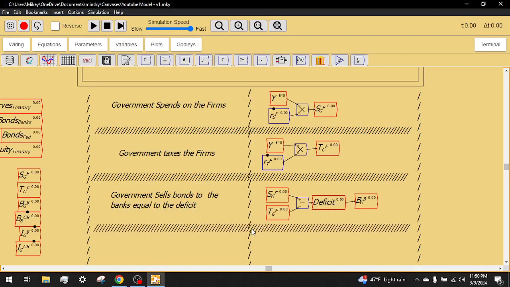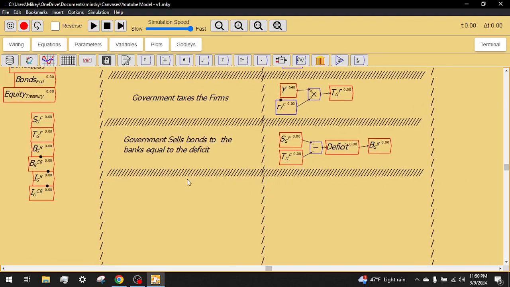And so the next thing that's going to happen is that, of course, as we defined it, the banks can sell those bonds to the Fed, right? Or equivalently, the Fed can purchase those bonds off of the private banks.